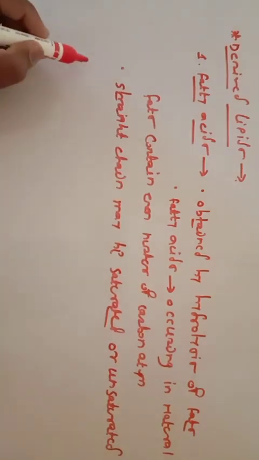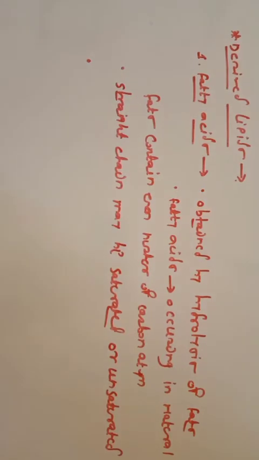Again, the fourth important point regarding these fatty acids. These fatty acids are obtained by the hydrolysis of fats. The fatty acids found in natural fats contain an even number of carbon atoms. The straight chain fatty acids may be saturated or unsaturated.